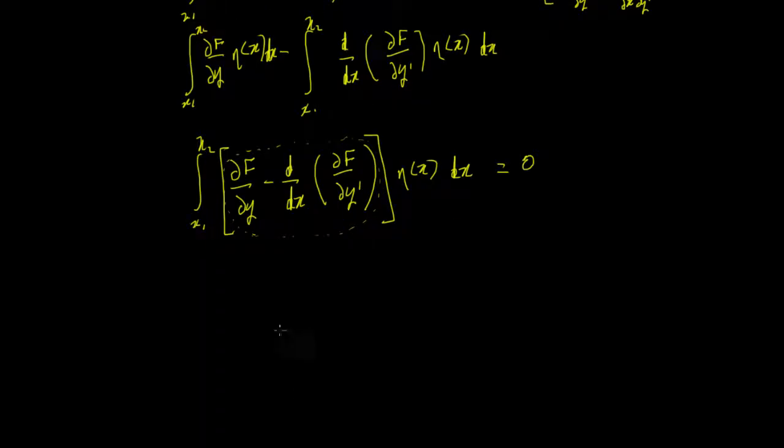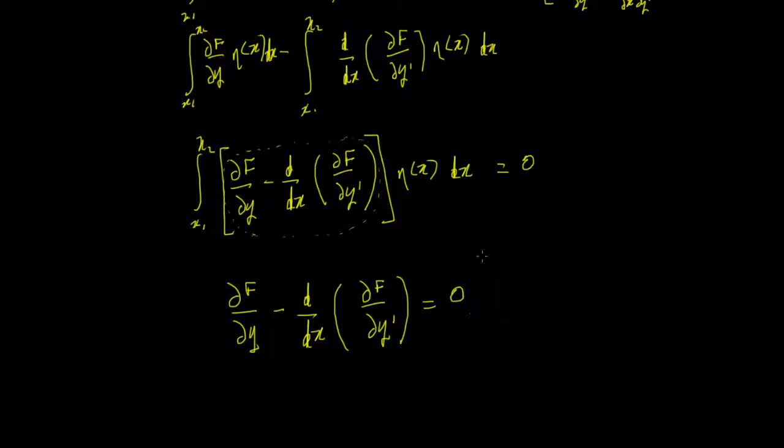But for now, all we need to know is we've got our Euler Lagrange equation. Oh, I made a mistake there. Partial f by partial y minus d by dx of partial f by partial y derivative must equal 0.